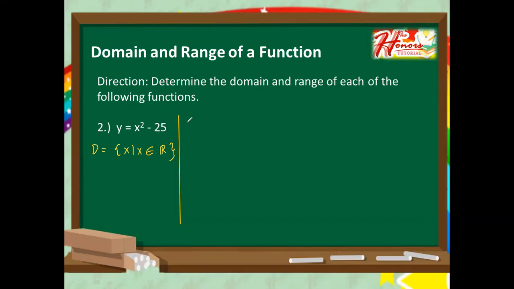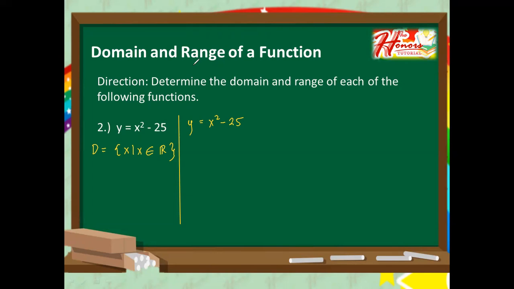Let me just copy the given first. So we have here y equals x squared minus 25. So in order for us to solve for the range, we have to have our x at the left side of the equation.